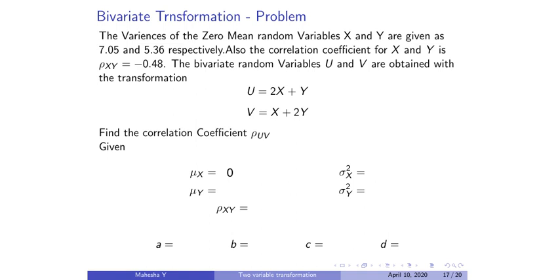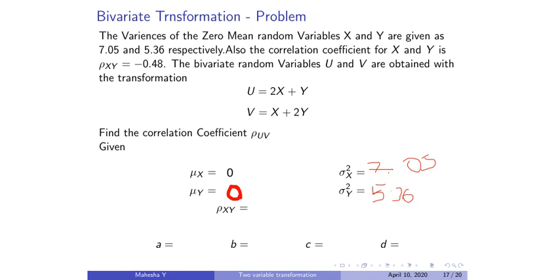Sorry for the delay. Better I will write here. So mu y is also 0. Then what about sigma x square? The variable's variance is also given. It is 7.05, and sigma y square is given as 5.36.